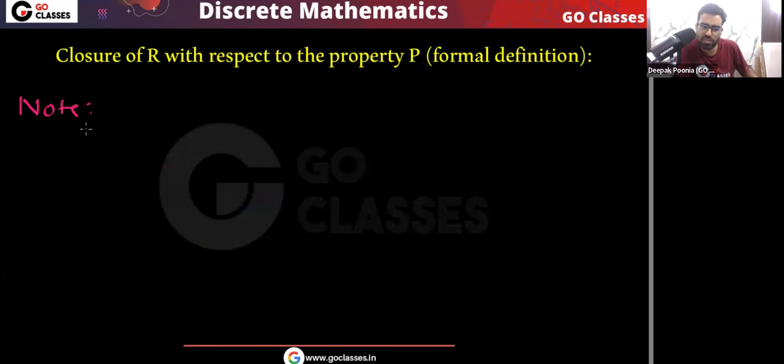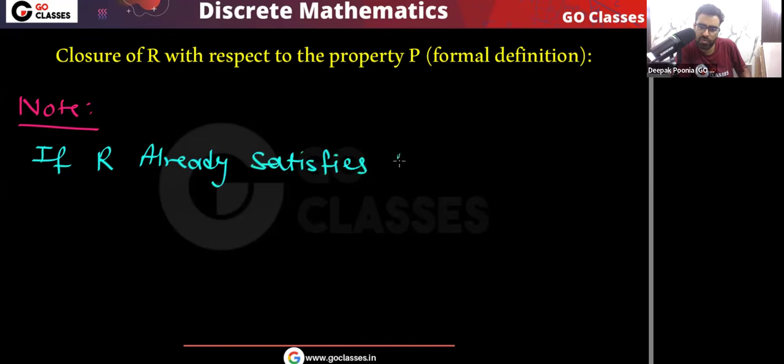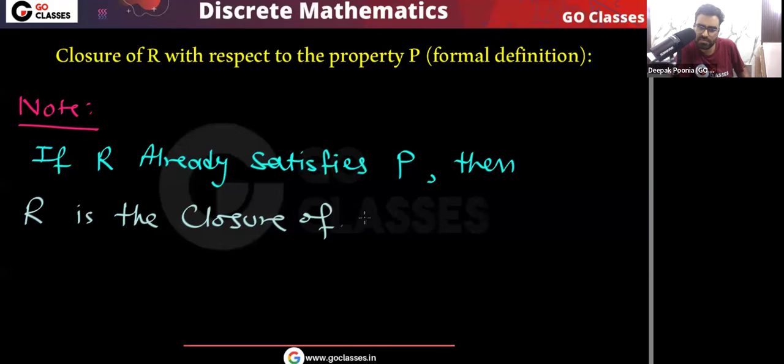So first let me write a note: if R already satisfies property P, then R is the closure of itself with respect to property P. That we already know.